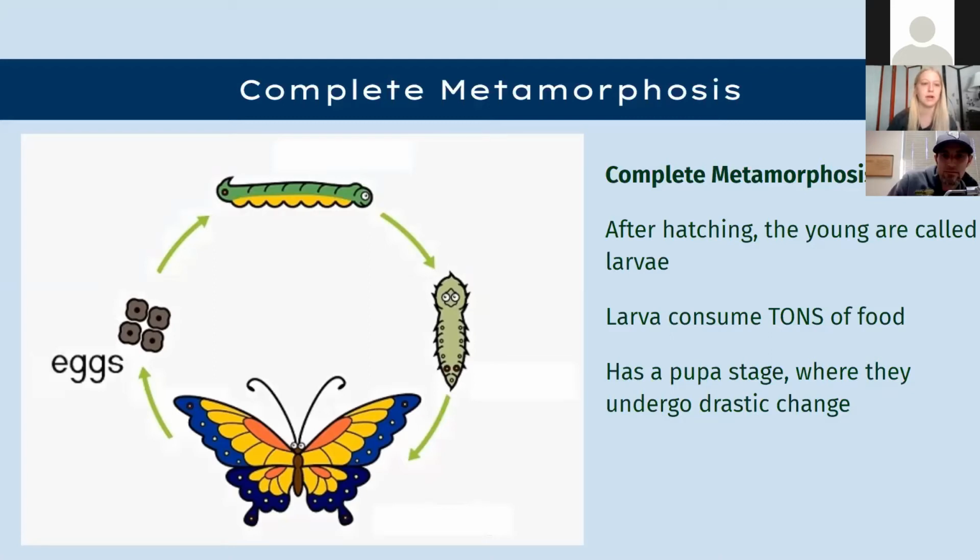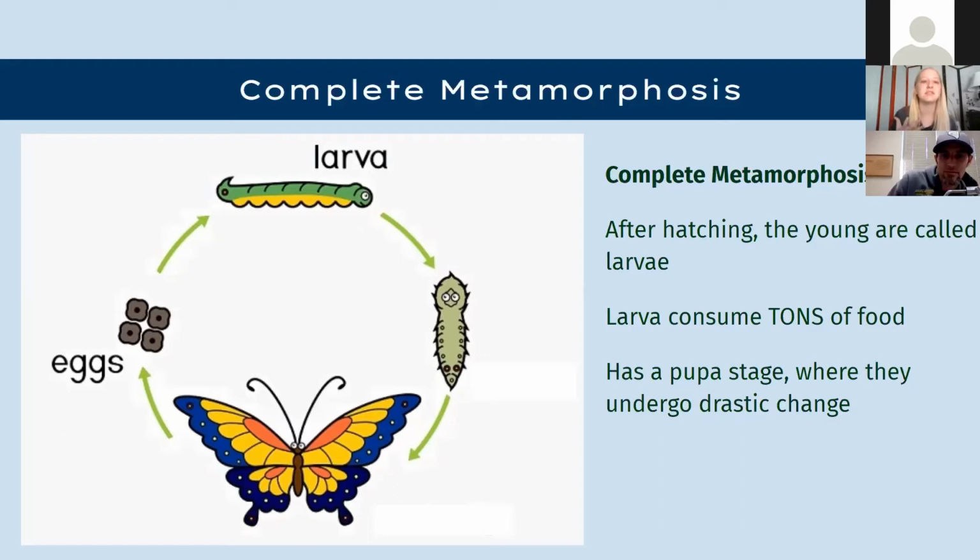So we have our egg, it hatches, it becomes a larva. Sometimes we have special names for larvae. In the case of the butterfly, we call them caterpillars.